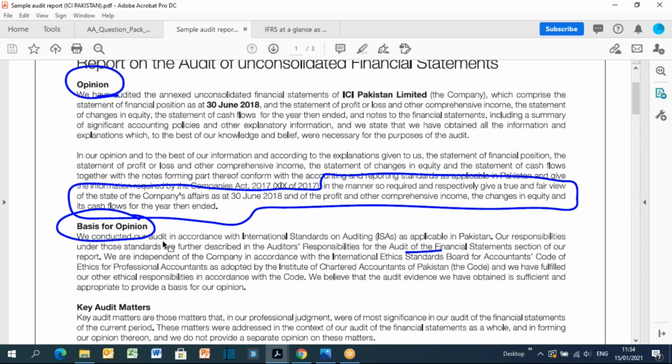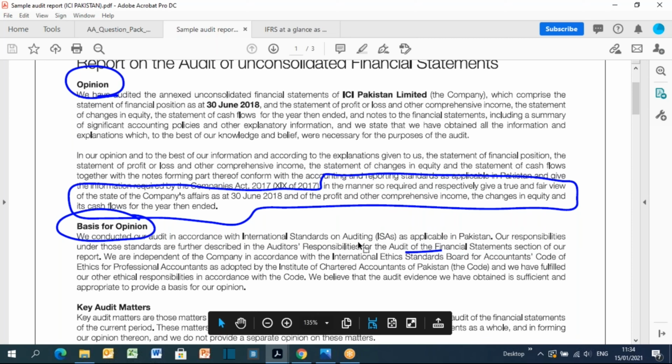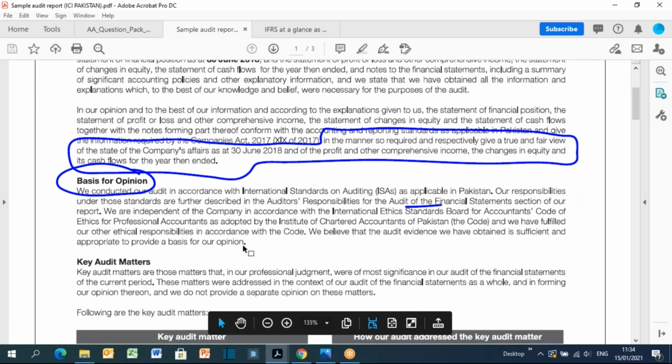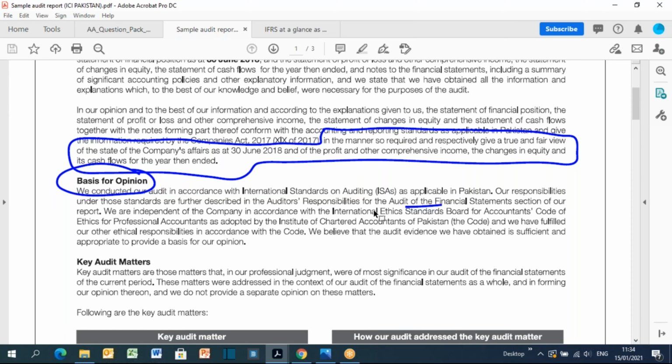Straight after the opinion, it gives the basis for opinion, and it explains. We conducted an audit in accordance with the International Standards on Auditing, ISA, as applicable in whatever jurisdiction. Always remember that in the basis of opinion, you should not use ISA or IAS abbreviations. You should use the entire words, International Standards on Auditing, because people who read the report don't know what ISA means.